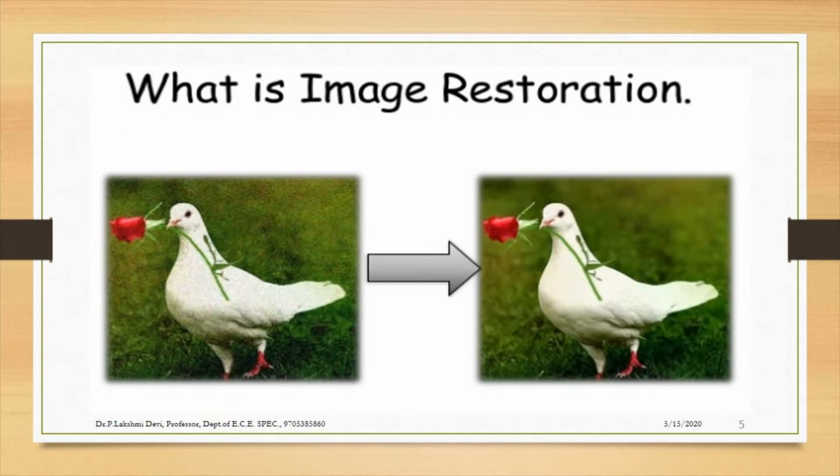So once we have an input which is a noise affected or degraded quality image, extracting the quality from the degraded images through these processings, either enhancement or restoration, is actually improving the quality of an image.